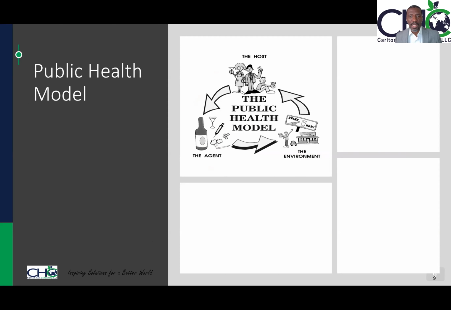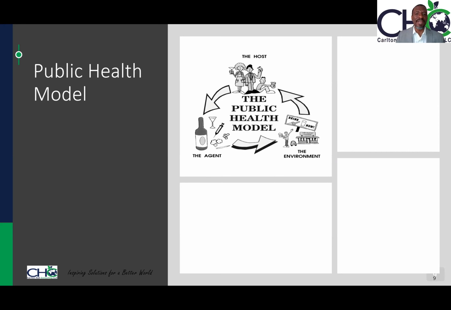Looking at the public health model, we understand that there are three components to any population-based substance misuse issue. The first is the agent, which is representative of the drug itself, or the issue, or the virus itself. The second is the host, and you can't have a problem unless a host interacts with the agent. At that point, you have an individual level problem, which is why treatment efforts are so vitally important.